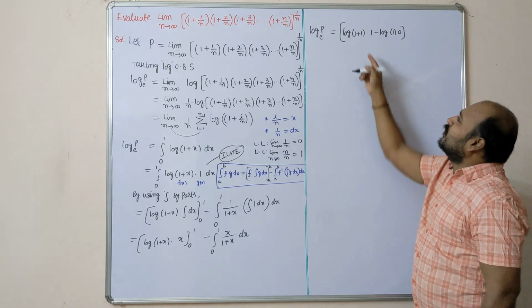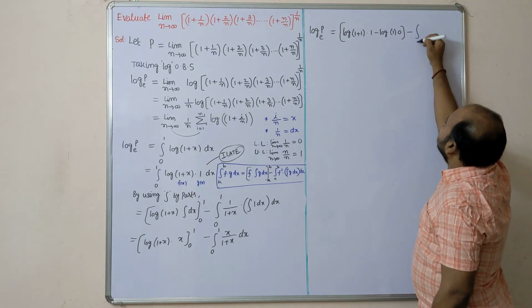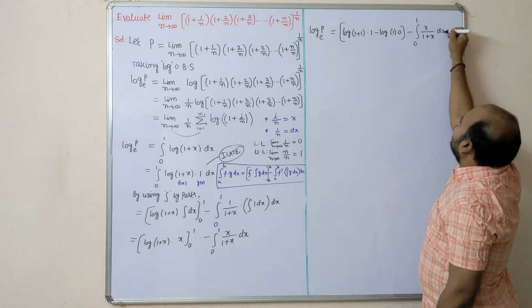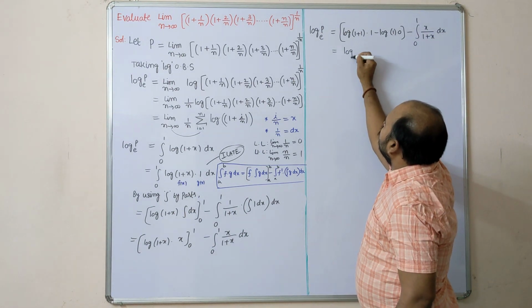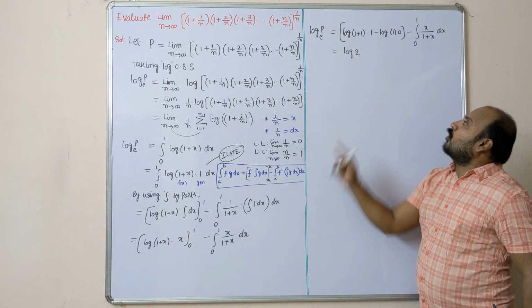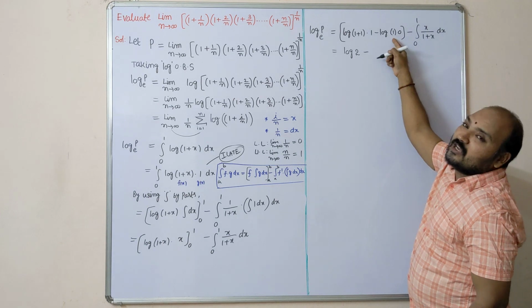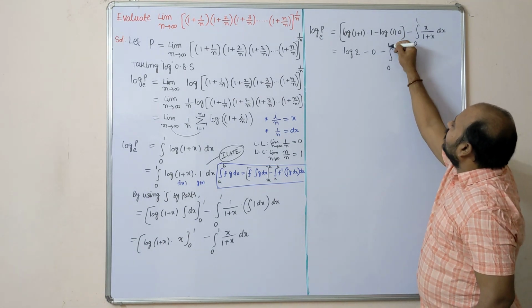Anyway, this is completely 0 except this one. Minus integral 0 to 1 x by 1 plus x into dx. So which is equal to log 2. Log 1 plus 1 is log 2, log 2 into 1 is log 2, minus log 1 value 0, already 0 is there, minus integral 0 to 1.